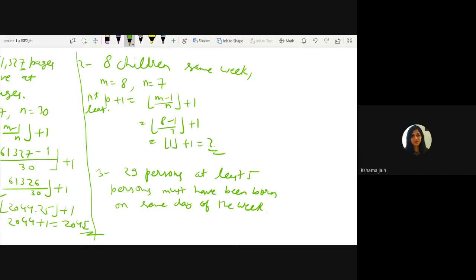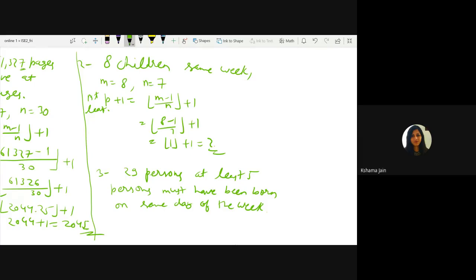You will do it now. It is also simple, the same thing, just the difference is here 8 children were there, here it is 29 persons. Otherwise everything else is the same. These are also talking about the same day of the week.